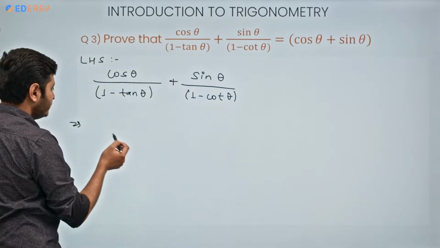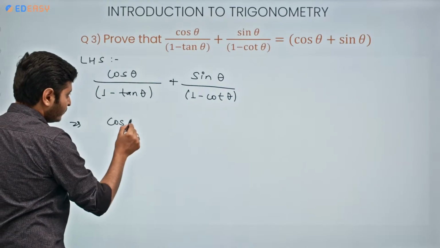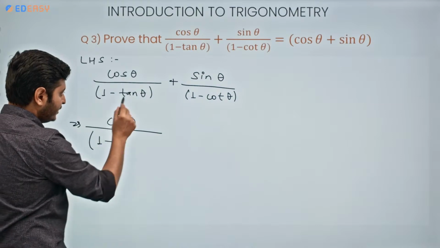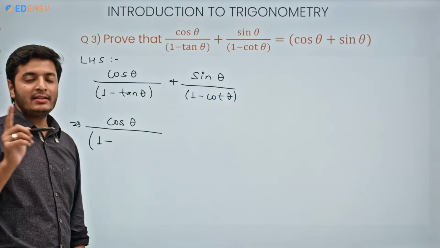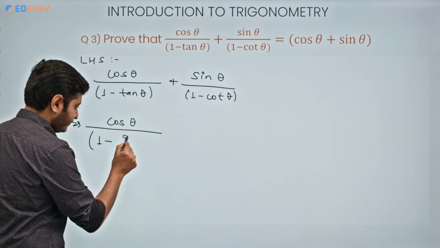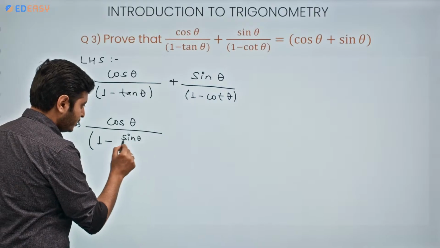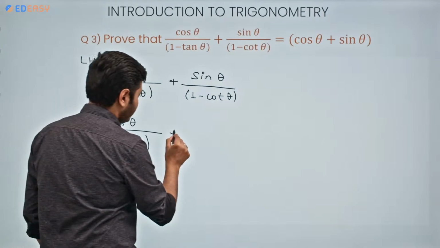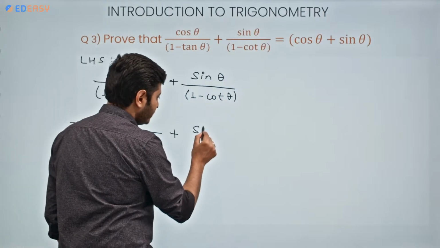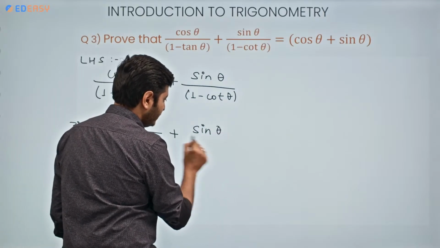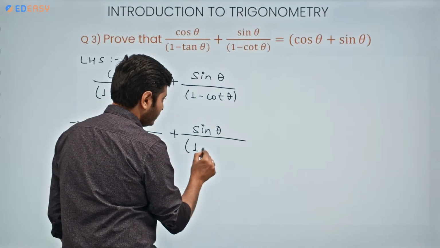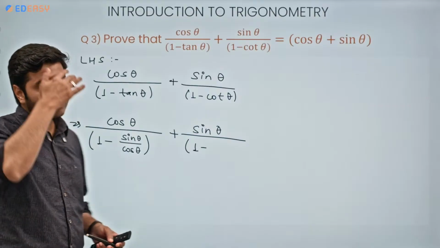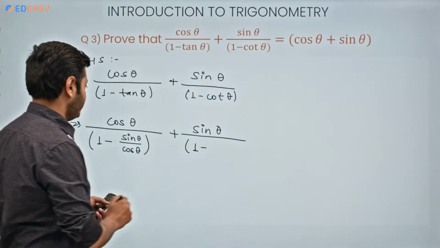Because sine cos are sine cos only. Cos theta by 1 minus tan theta, where tan theta is sine theta by cos theta, plus sine theta divided by 1 minus cot theta, where cot theta is the reciprocal of tan theta, so it will become cos theta by sine theta.